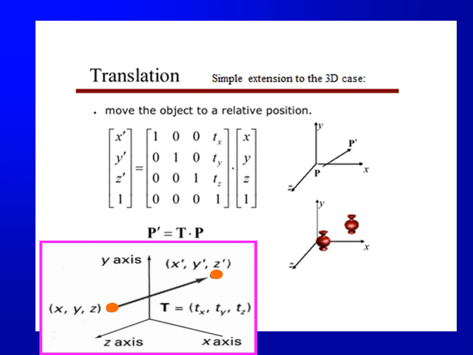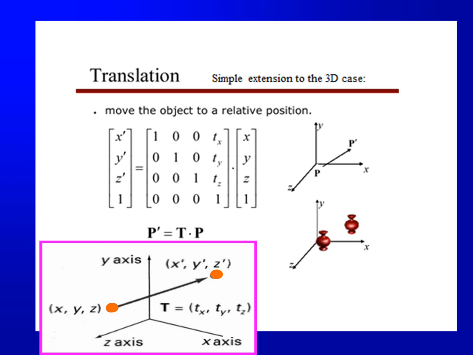So the first topic is translation. Basically translation is the same as moving the object from one location to another location. We already saw this in 2-dimensional and homogeneous transformation.